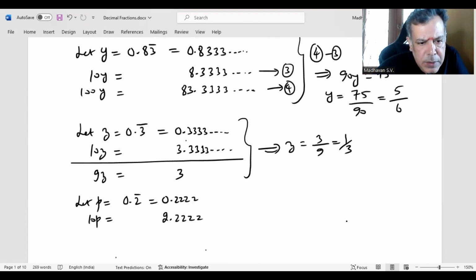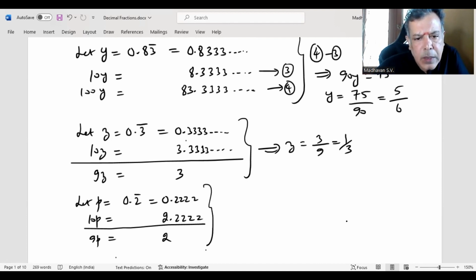Subtracting these two, we get 9p equal to 2. And that means our p will be 2 by 9.